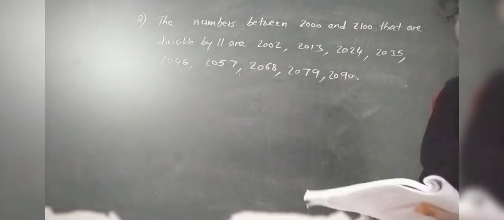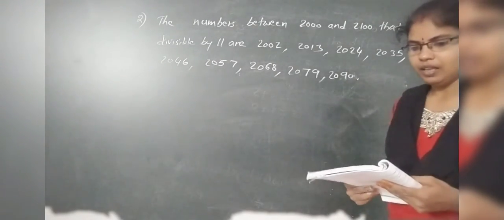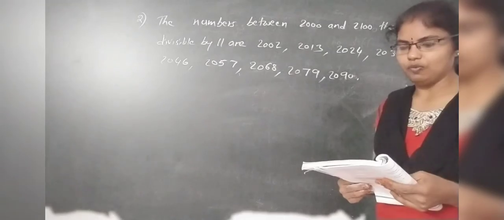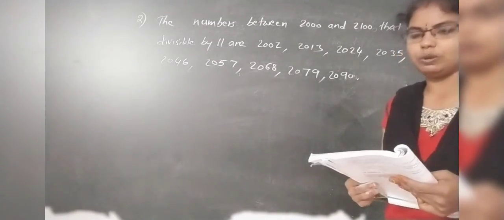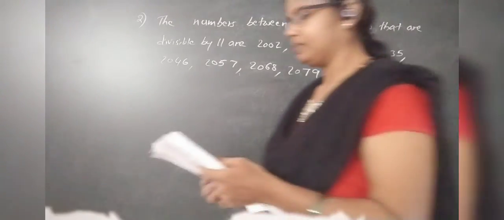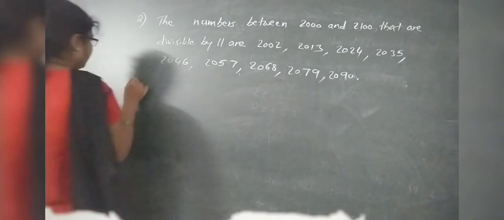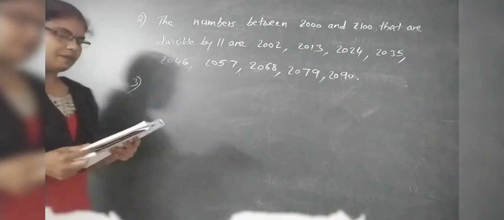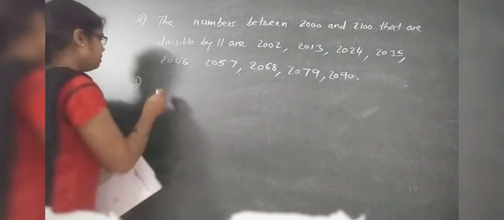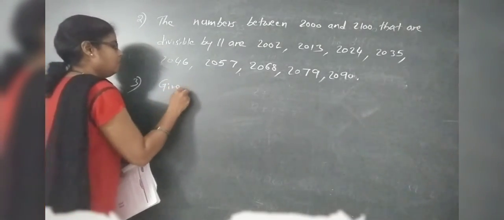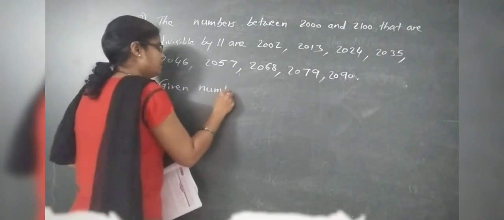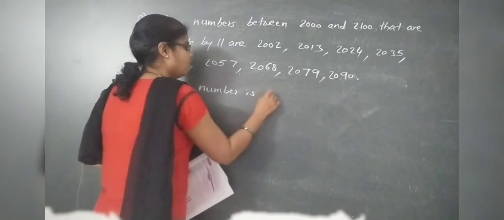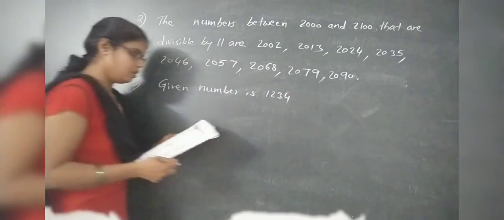Okay. Now see the third question, children. Write the nearest number to 1234 which is divisible by 11. So what is the given number? Given number is 1234.